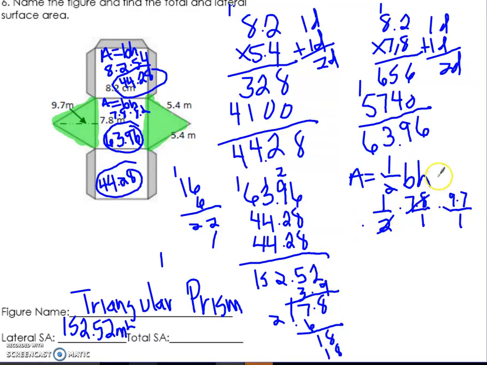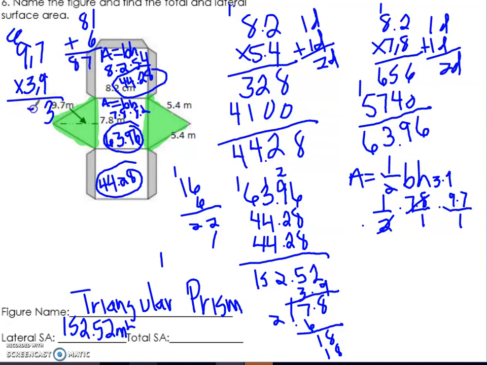So we have 3.9 times 9.7. 9 times 7 is 63. 9 times 9 is 81. 81 plus 6 will get me 87. Placeholder, 3 times 7 is 21. 3 times 9 is 27. Plus 2 is 29.